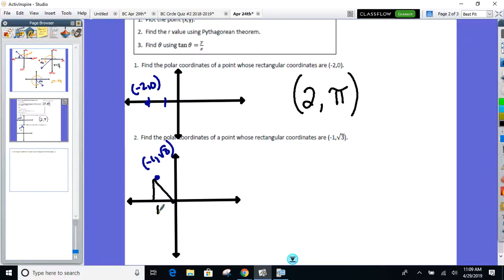And then what about the y distance? Radical 3. And guess what we're going to bust out to find the r value? Pythagorean theorem. So we're going to say r squared equals 1 squared plus radical 3 squared. And then we're going to solve it, and that'll be my r value. So the r value is going to be found using Pythag.